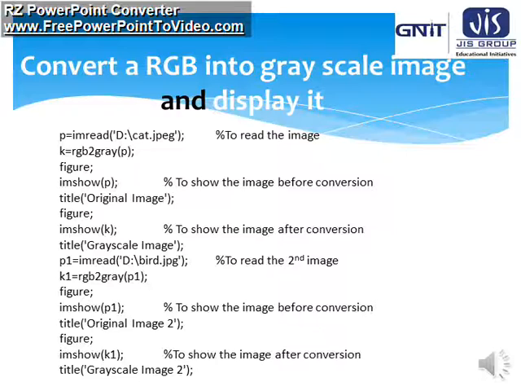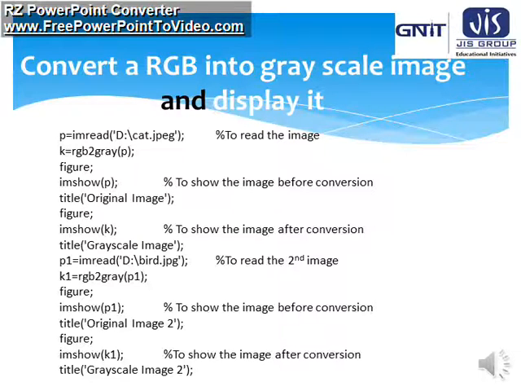Now if we want to display, we should use figure to have multiple images. Now we write imshow(p), that means to show the image before conversion. We have taken the input and stored it in p, and we have converted the color image into its black and white or grayscale image and stored it in k. If we want to show both the input image and the processed image, we use figure, then imshow(p), then title('original image').